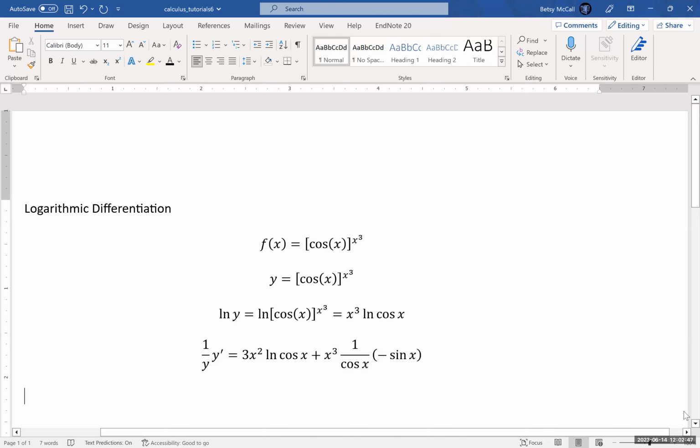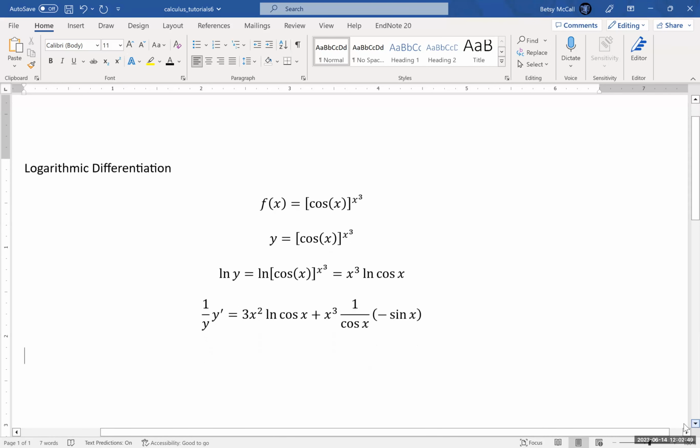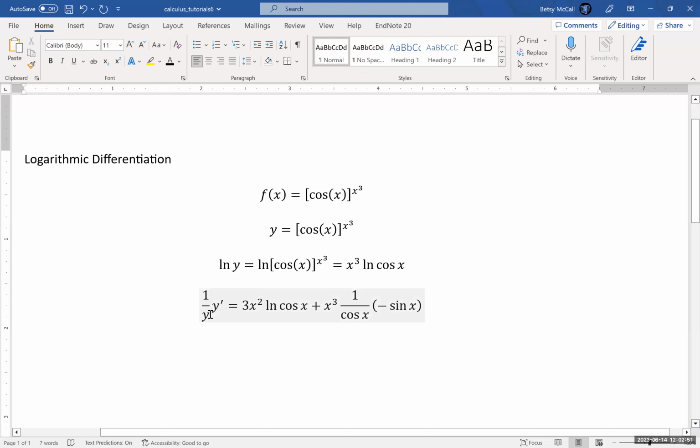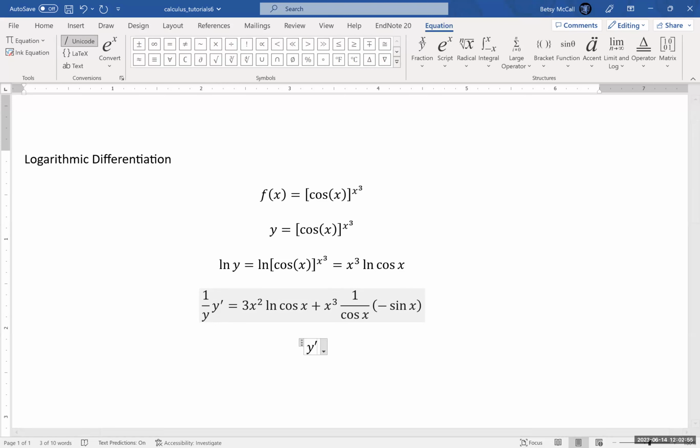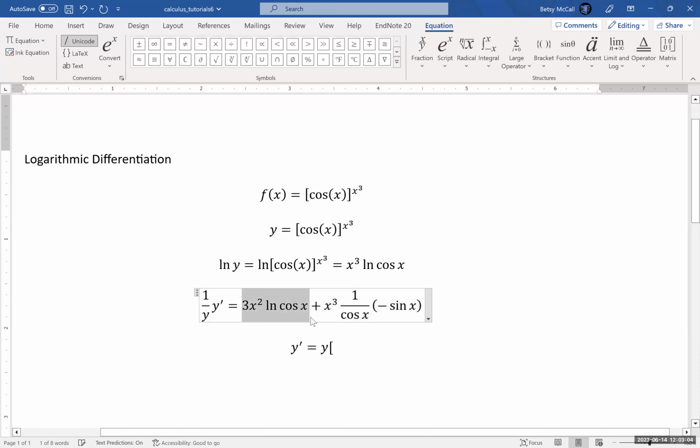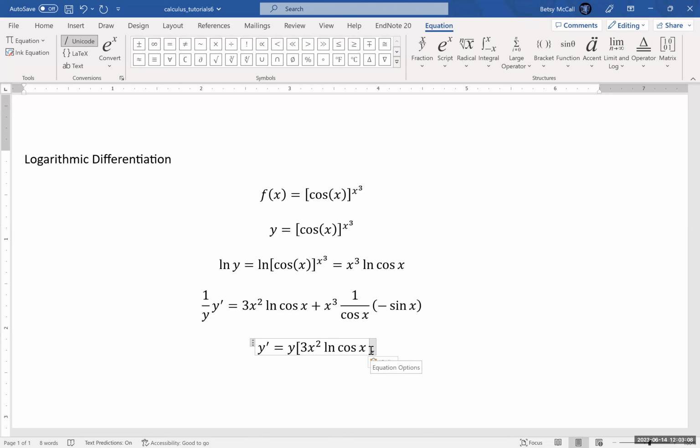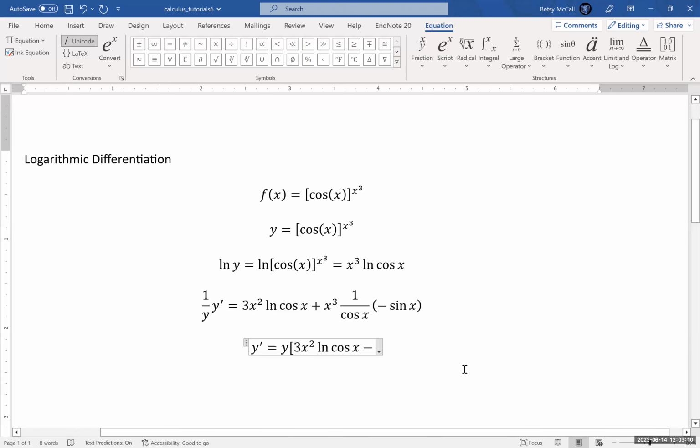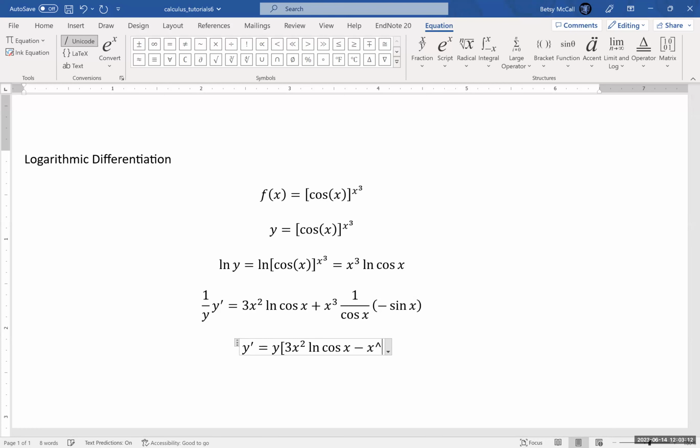But the main thing that we have to worry about is that we want to solve for y prime. And so we're going to multiply both sides of the equation by y. And then this term doesn't simplify at all. But then this next term, what I'm going to do is translate this into negative x cubed cotangent x.